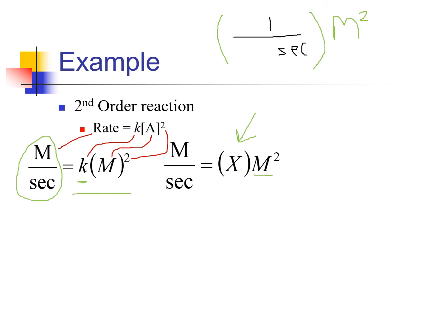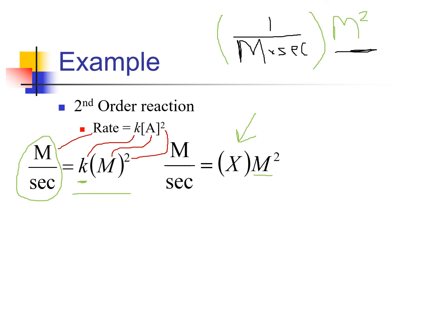Now here it's molarity squared. We don't want molarity squared, we just want molarity. We want molarity per second. So I need to cancel out one of the molarities. So I put a molarity on the bottom. That's a times.